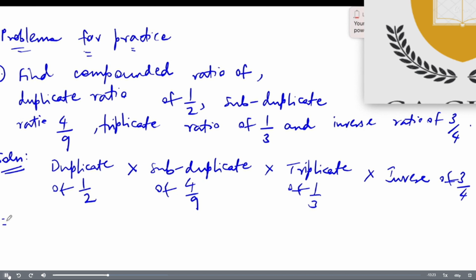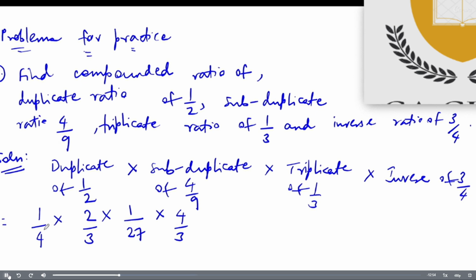Duplicate of half is equal to 1 by 4. Subduplicate of 4 by 9 is equal to 2 by 3. Triplicate of 1 by 3 is 1 by 27, the cube of 1 by 3. Inverse of 3 by 4 is 4 by 3.